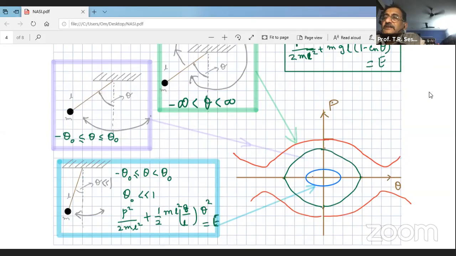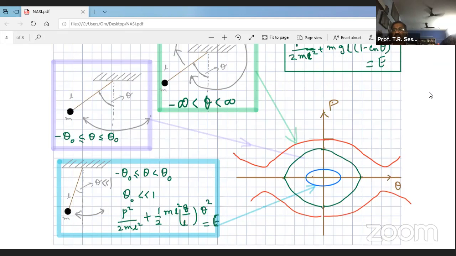And so at this point, as we saw just now, the value of theta is pi and the momentum is minimum. When theta increases beyond that point, it can only come down on the other side. So again, the reverse happens now. The bob of the pendulum is coming down.